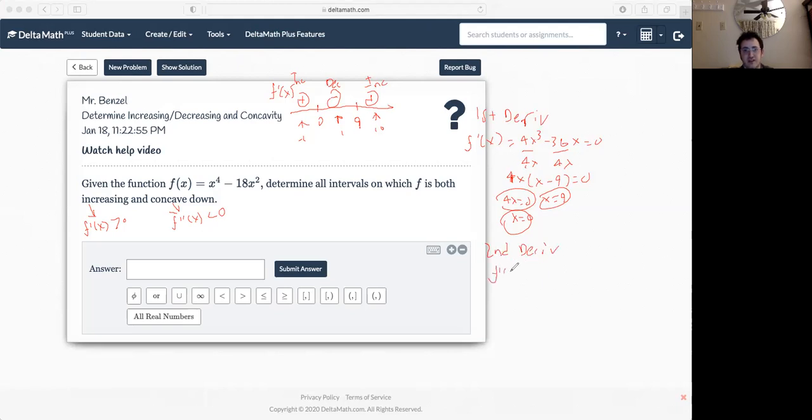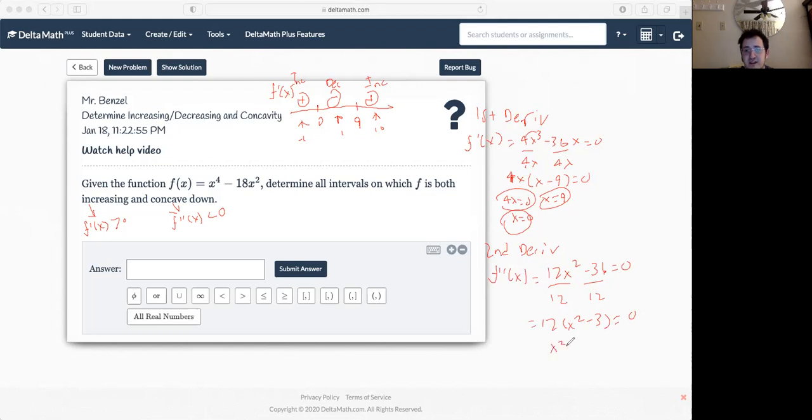So f double prime of x is equal to 12x squared minus 36. So I'm going to pull out a 12. I get 12 times x squared minus 3.